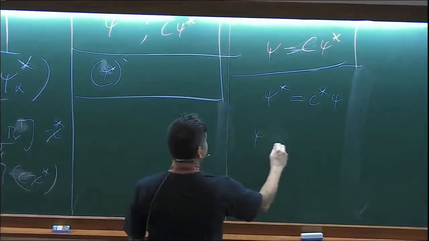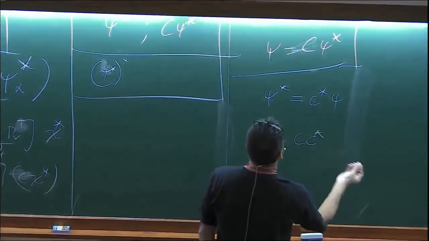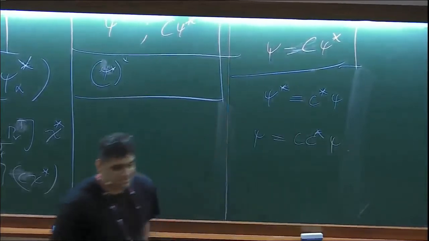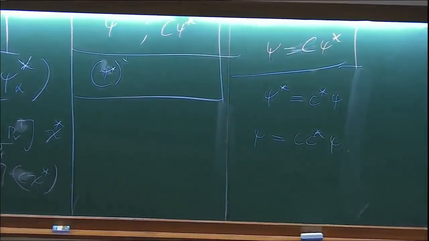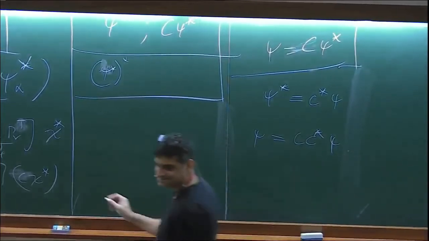And so I find that psi is equal to C star times psi. Now this equation is only consistent if C star is the kind of matrix that has eigenvalue 1. Otherwise that equation was still nonsense. Now let's figure out whether C star has eigenvalue 1.